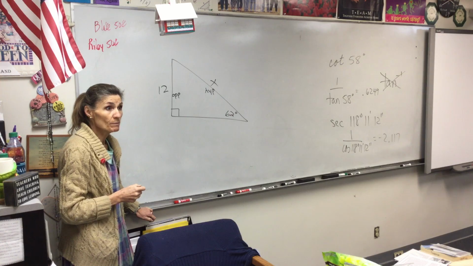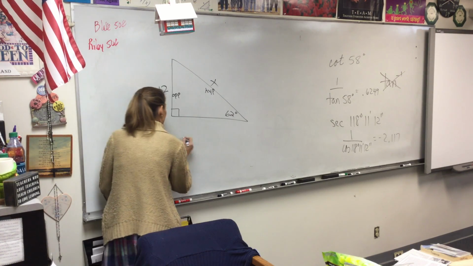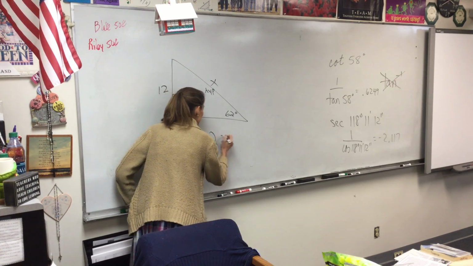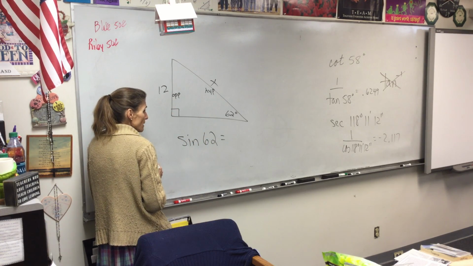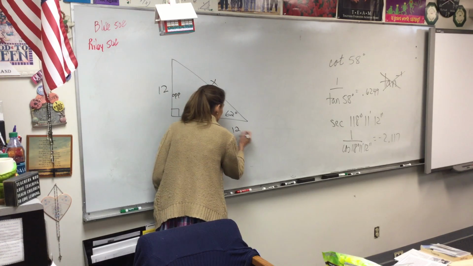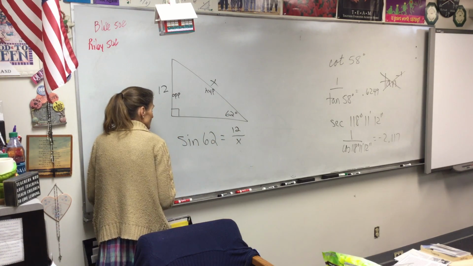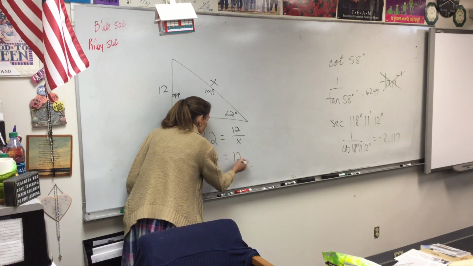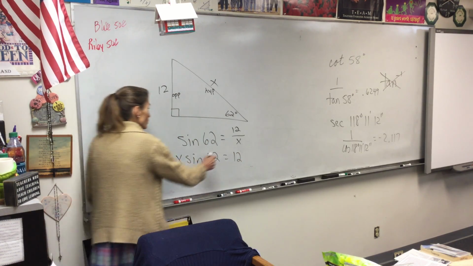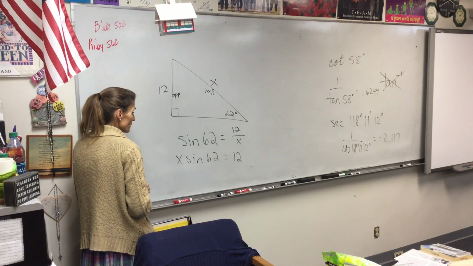Opposite and hypotenuse, that would be sine. And I could say the sine of 62 equals what? 12 over x. So x sine 62 equals 12. I multiply the x over here.